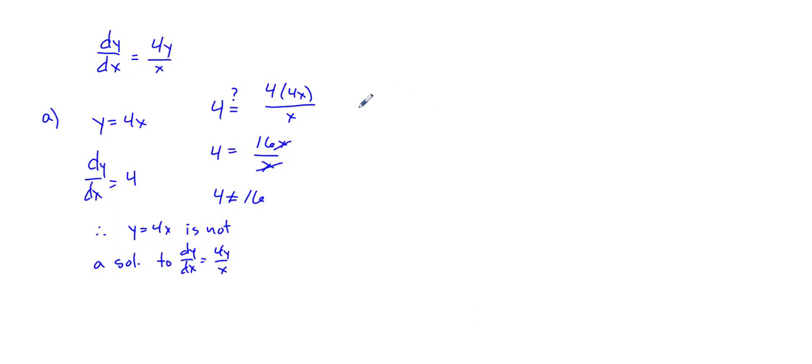Okay, do this for me, please. Check to see if y equals x to the 4th is a solution to the given differential equation. All right, does this work? Okay, dy dx equals 4x cubed.